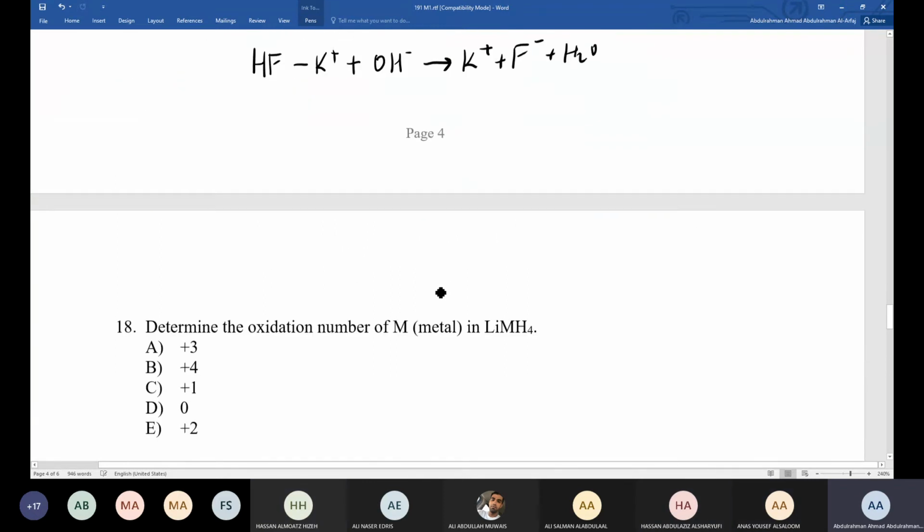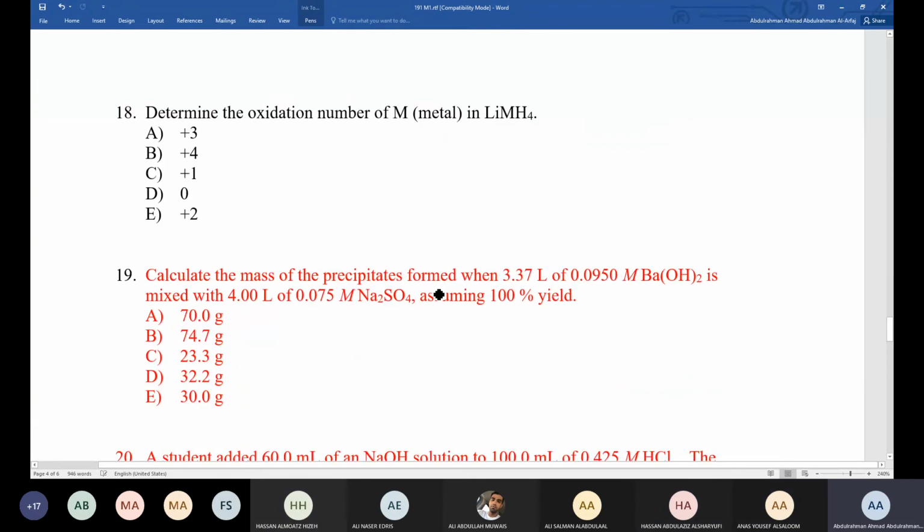Easy. Good. Determine the oxidation number of M in this compound. What is it? Lithium is what? 1. And hydrogen? 4 minus, multiplied by 4, it will be minus 4. So what's the charge on the M?